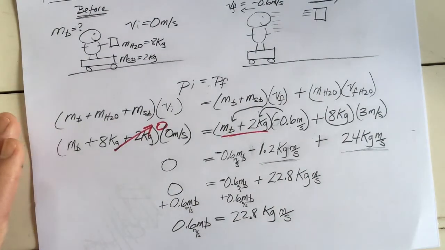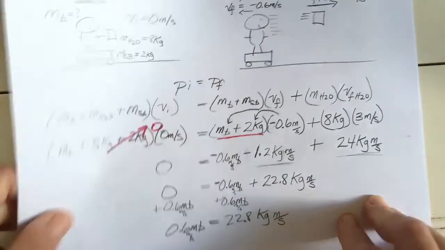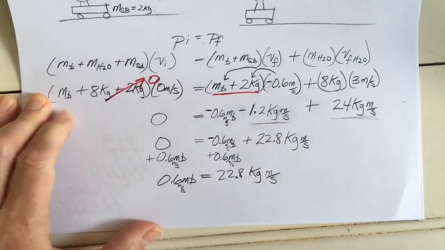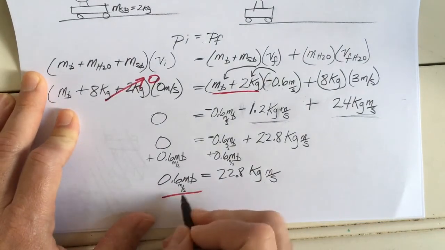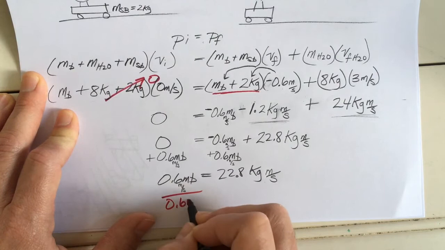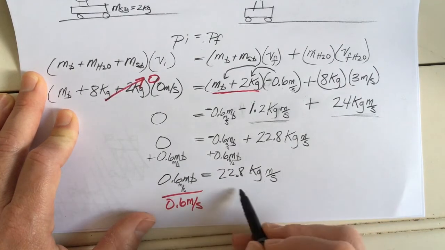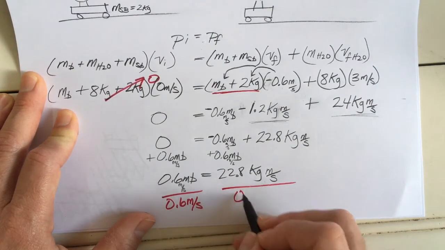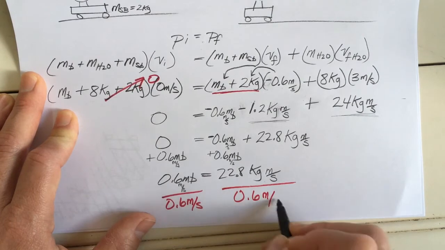All right, and that's important because I'm going to divide both sides here by that 0.6 meters per second. And I want those meters per second to go away, so I'm left with kilograms, which is my unit for mass. So that's why I'm making such a big deal out of it.